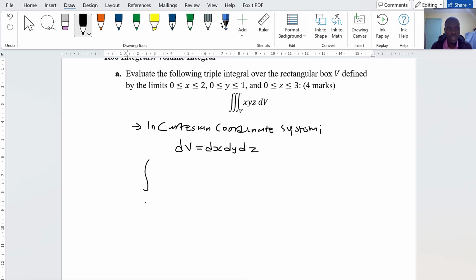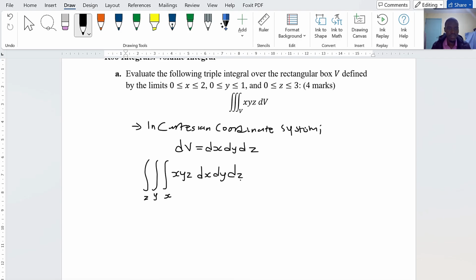So this will be our z, this will be our y, this will be our x of xyz dx dy dz. Inside out.